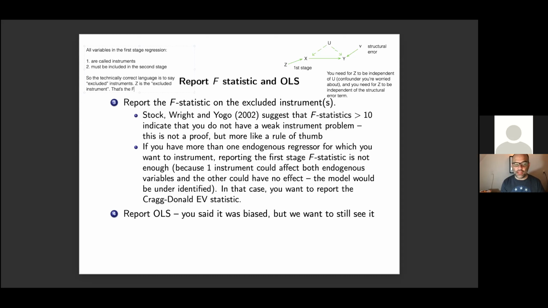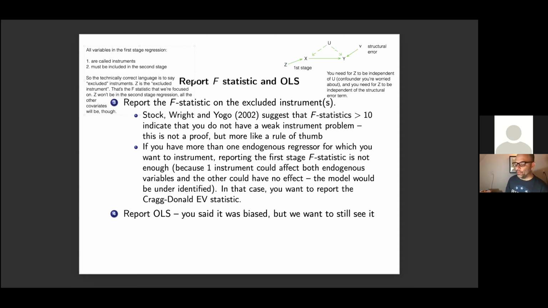That's the F statistic that we're focused on. Z won't be in the second stage regression. All the other covariates will be. So, yeah, thank you for bringing that up.